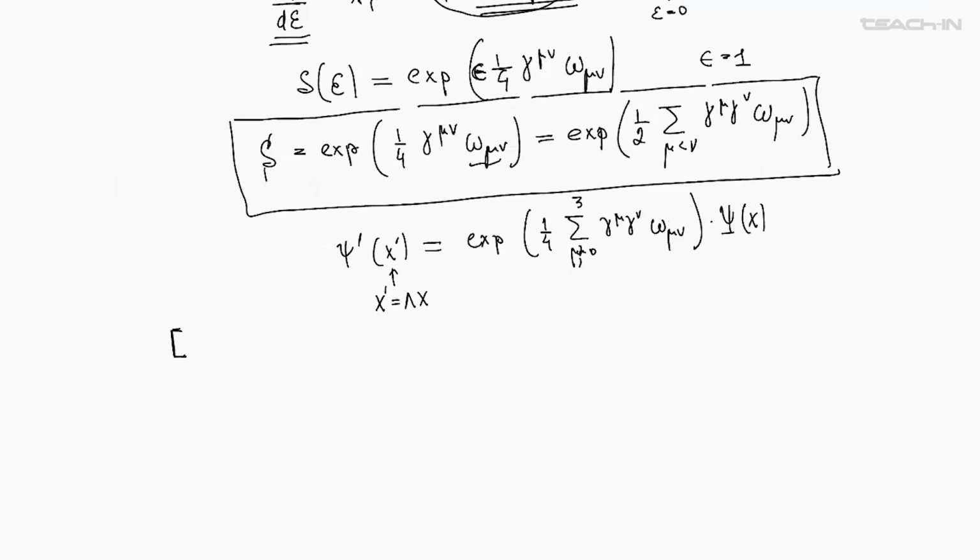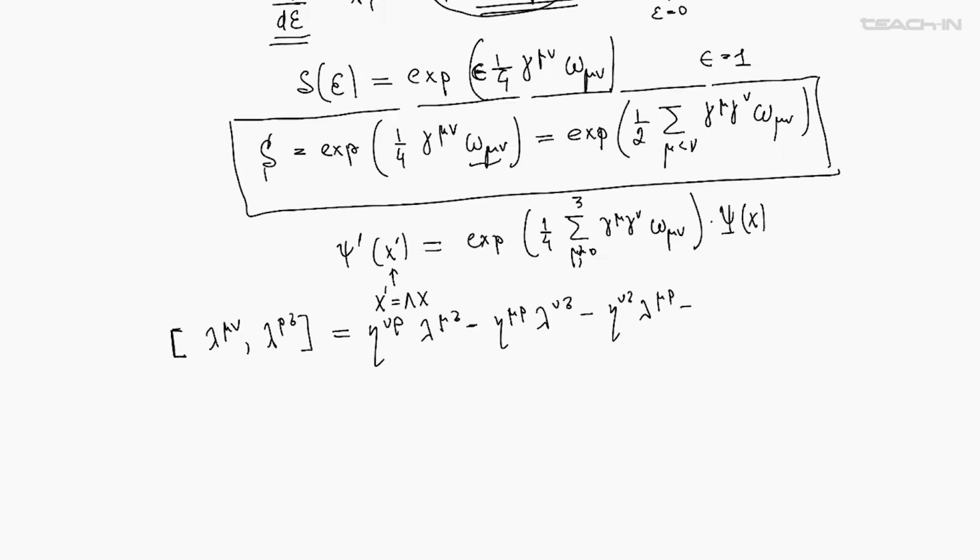If we just commute them, we find that the commutator, due to the Clifford algebra relations, can be written in the following form: eta nu rho lambda mu sigma minus eta mu rho lambda nu sigma minus eta nu sigma lambda mu rho plus eta mu sigma lambda nu rho.